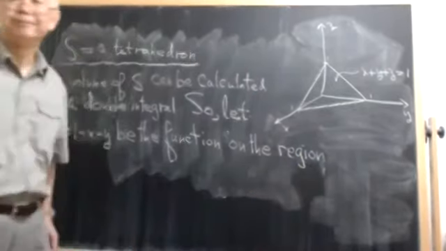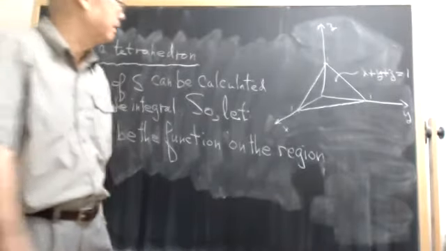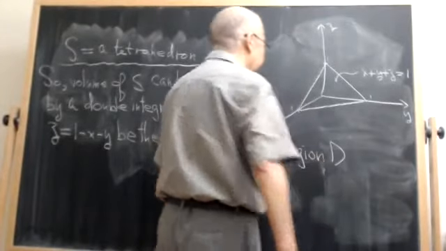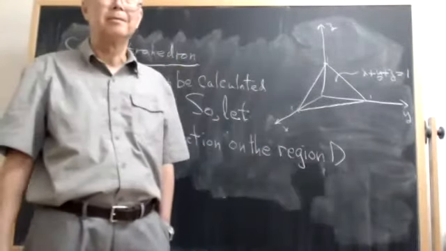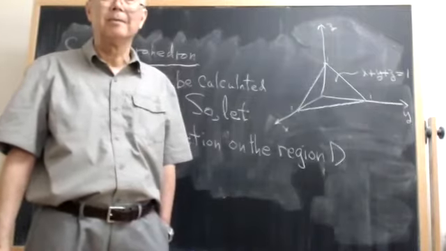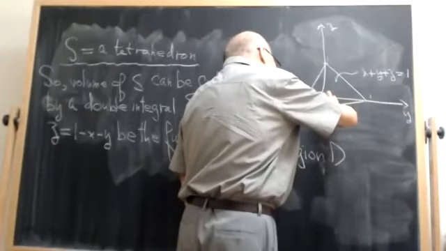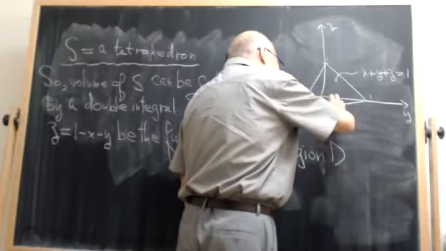Now, what is the region? The region D. Let the triangle on the XY plane, that is our region D. You are going to look at the triangle on the XY plane.